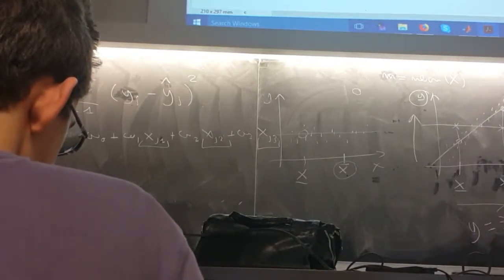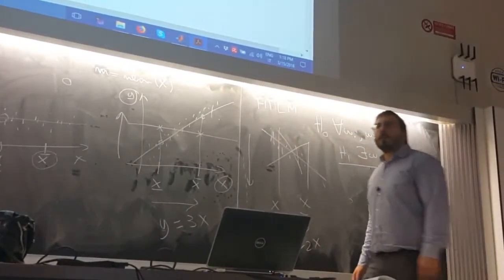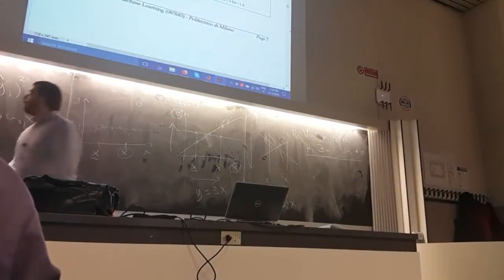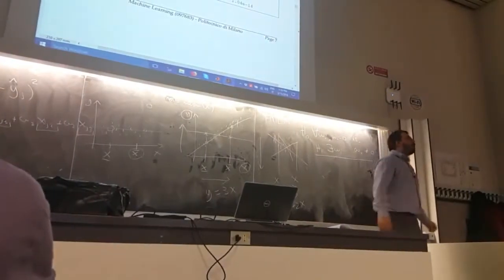I cannot spot here the residual sum of square directly, but I spot something which is related to the residual sum of square. There is the root mean square error. What is the root mean square error?